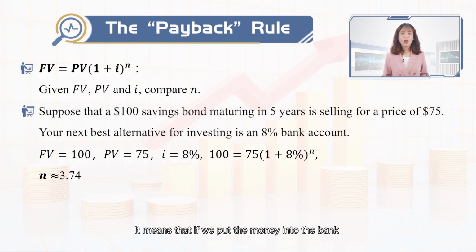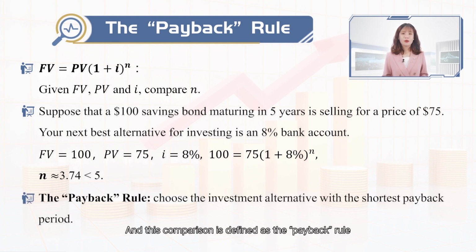It means that if we put the money into the bank with interest rate 8% per year, it would take 3.74 years for $75 to grow to $100. But with the savings bond, it takes 5 years for the $75 to grow to $100. So it is better to put the money into the bank.